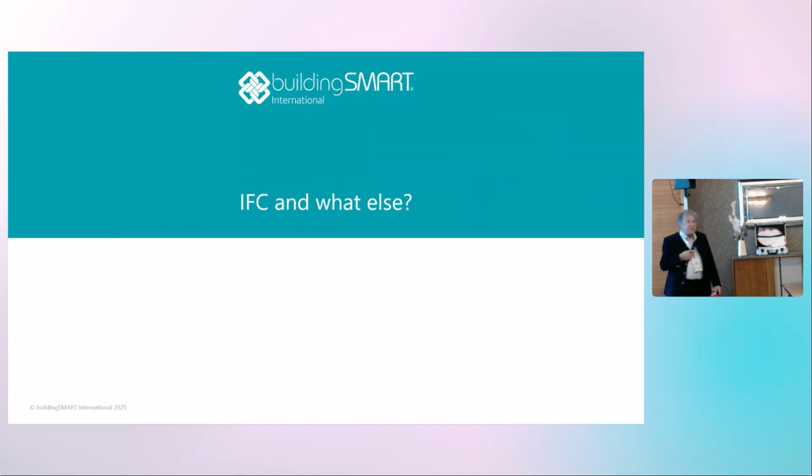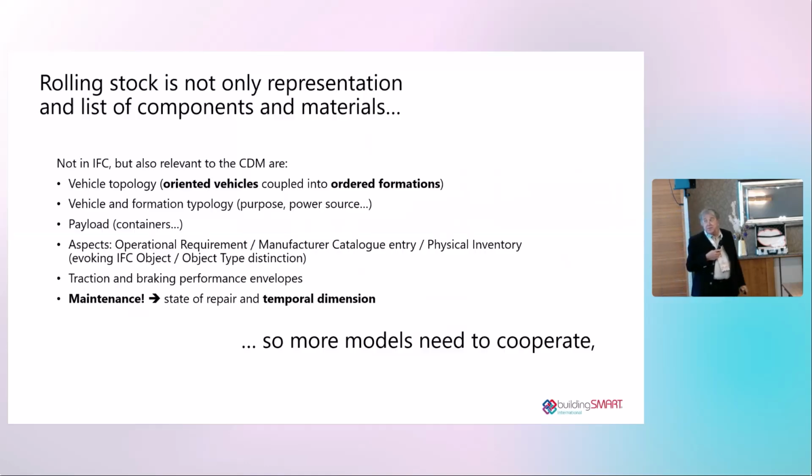So IFC and what else? IFC doesn't describe the whole world because my problem is not only to show a couple of boxcars in an alignment, but I have to deal with the boxcars and the trains that are incorporated themselves. So the information I need is not just the IfcVehicle class, and I forgot the other one, but I need to talk about vehicle topology.